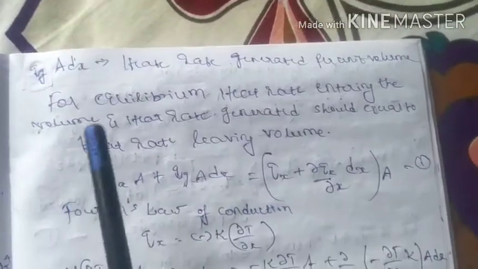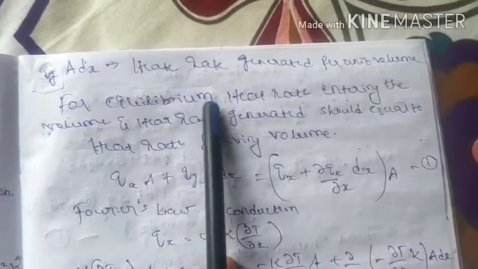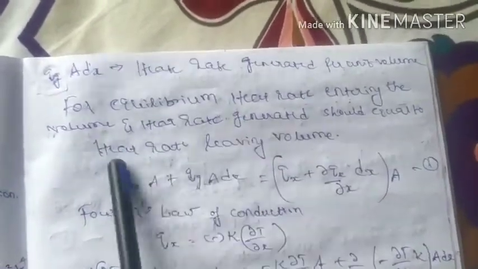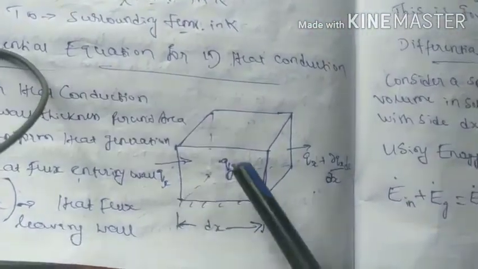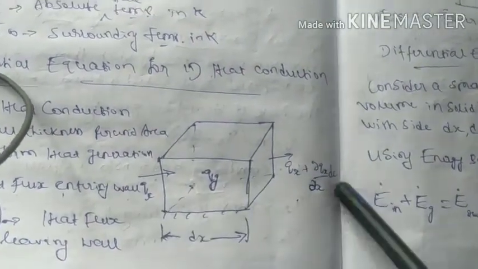Here A into dx we call the volume. So according to the conservation of energy, for the equilibrium condition, the heat rate entering the volume and the heat generated should be equal to the heat leaving the volume. So that is Qx plus how much is generated, this is equal to the heat outflow.